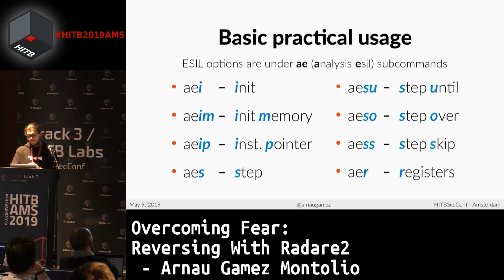The step skip, for example, I want to mention the difference. Step over is, we are in a function, we just arrive at a call to a function. Step over will just not go into that function and will emulate all the stuff. Step skip is, for example, we are emulating something and we want to go from offset 0 to offset 10, and at offset 7 there is some operation that is doing something.